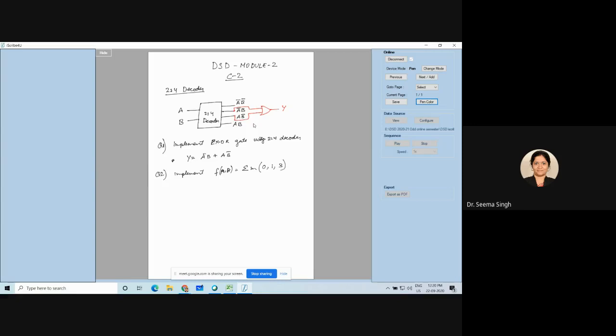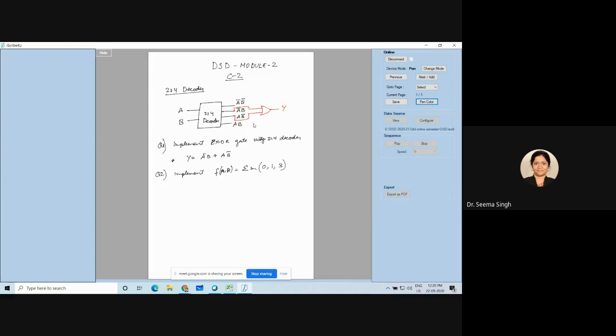How will you do this? Implement f of A B in the minterm form 0, 1, 3 using a 2:4 decoder, because now we are doing that only.